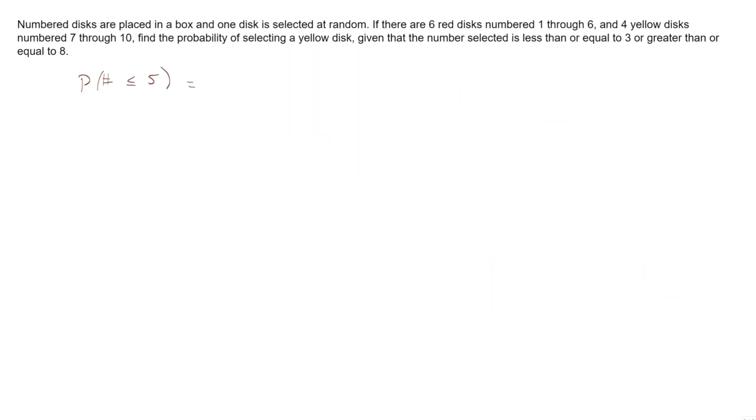So I can go ahead and look at all the discs, and again, numbers 1 through 6 are red, and then numbers 7 through 10 are yellow. So probability that the one I select is less than or equal to 5, well, there are 10 discs. 5 of them are less than or equal to 5, so I get 1/2.